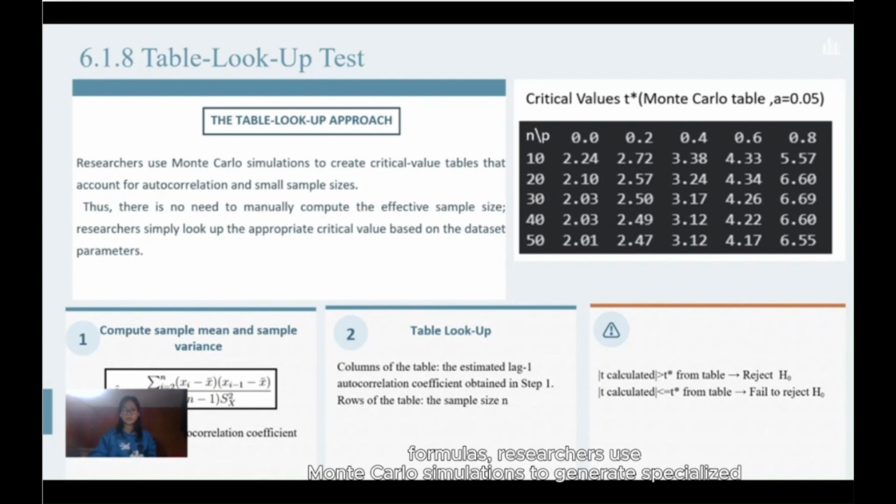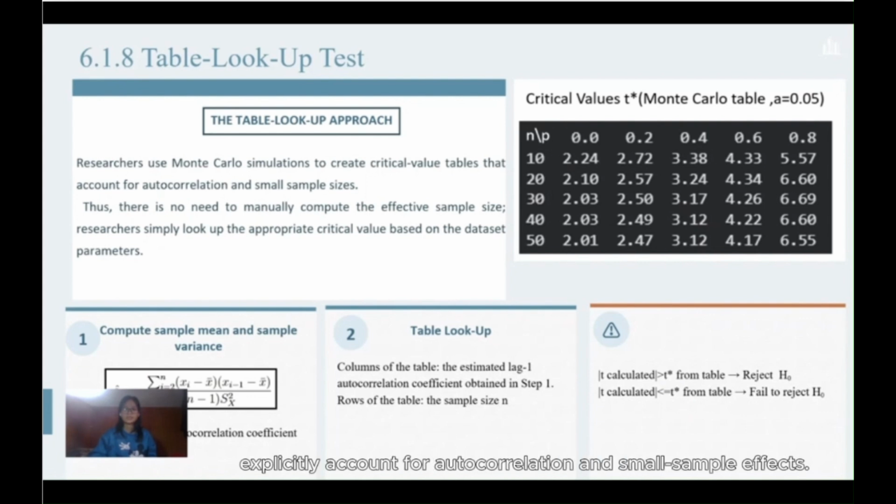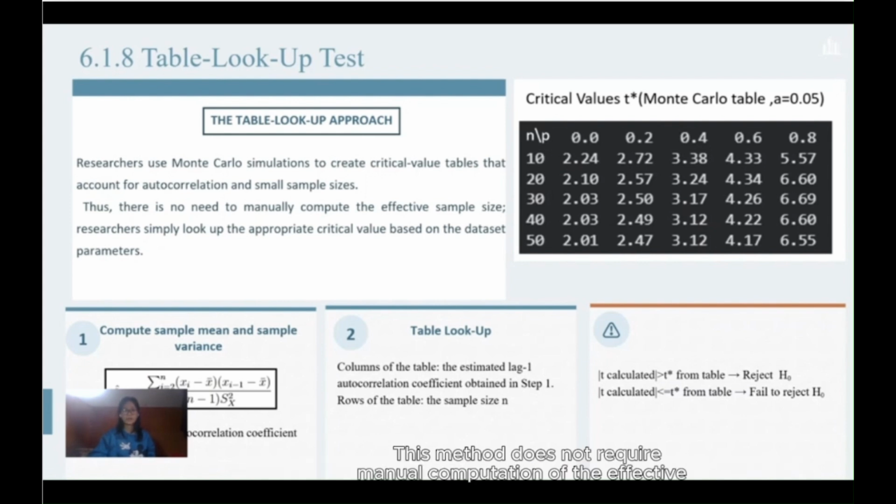It uses Monte Carlo simulation to generate a specialized critical value table that accounts for autocorrelation and small sample effects. This method does not require manual computation of the effective sample size. Instead, the researcher simply looks up the appropriate critical value based on the relevant characteristics of the dataset.